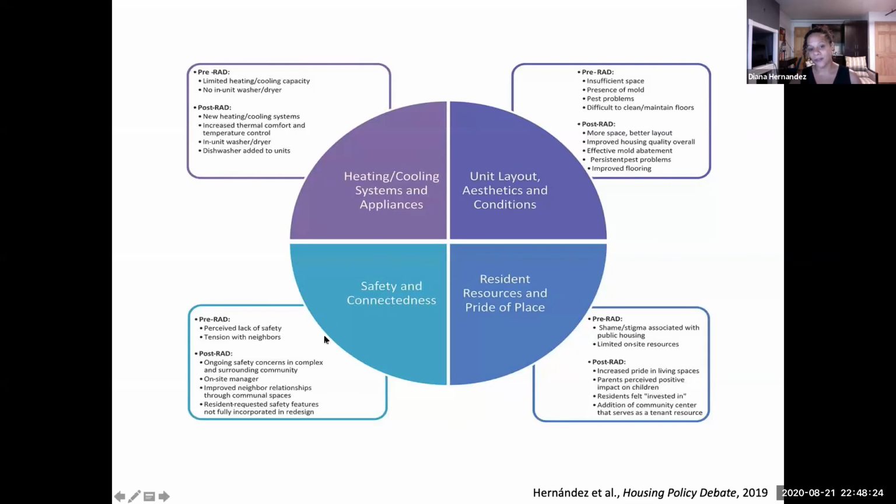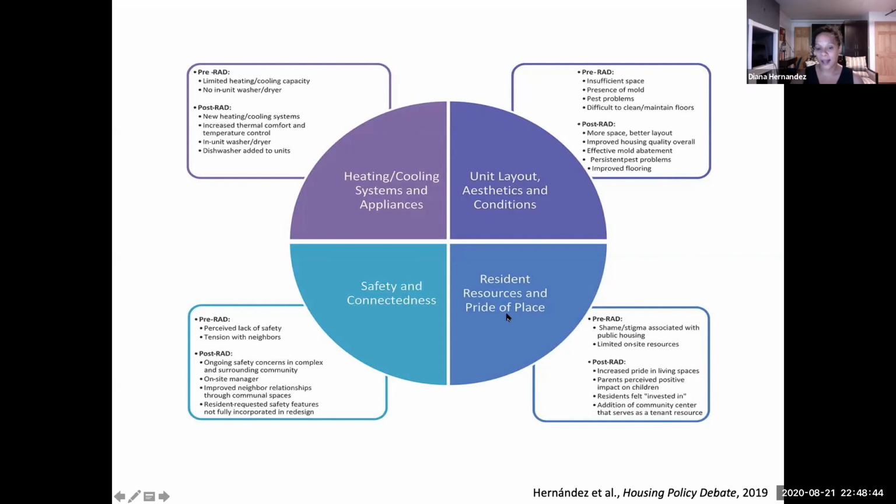I like to focus a lot on the bottom two, in part because there are longstanding issues and things that are much more difficult to correct for, even with an infusion of capital. So safety and connectedness remained issues even after these improvements.